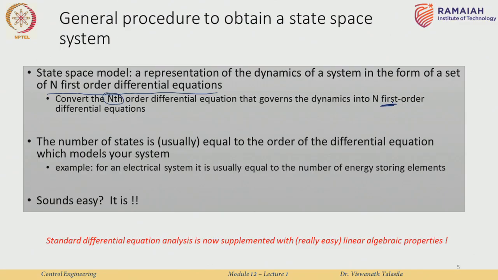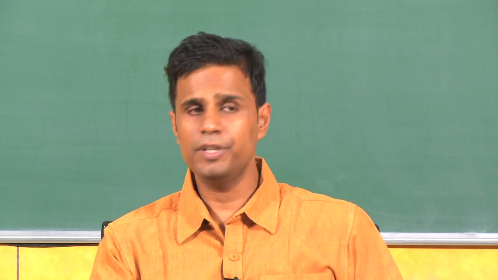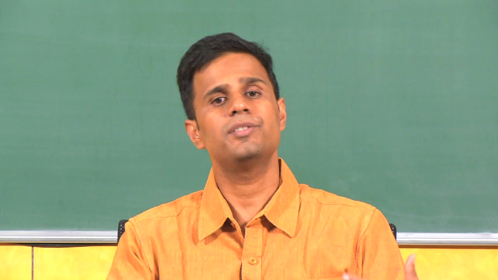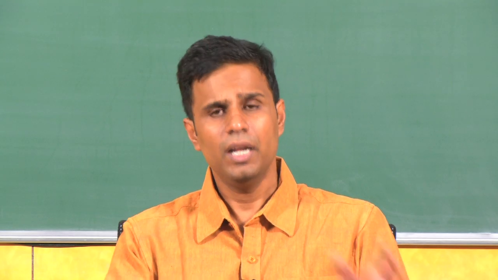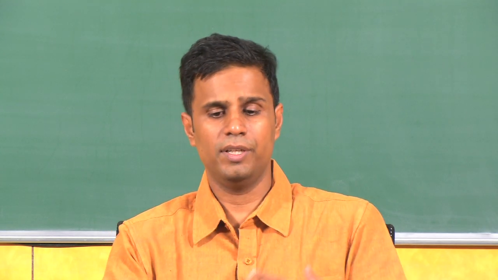How many states we choose is basically one of the easiest ways to determine that is the order of the differential equation which you use to model the system, okay. So, for an RLC circuit, the number of states we need is only 2, because the differential equation which governs the dynamics is a second order differential equation. There is of course a different way to decide how many states we need.